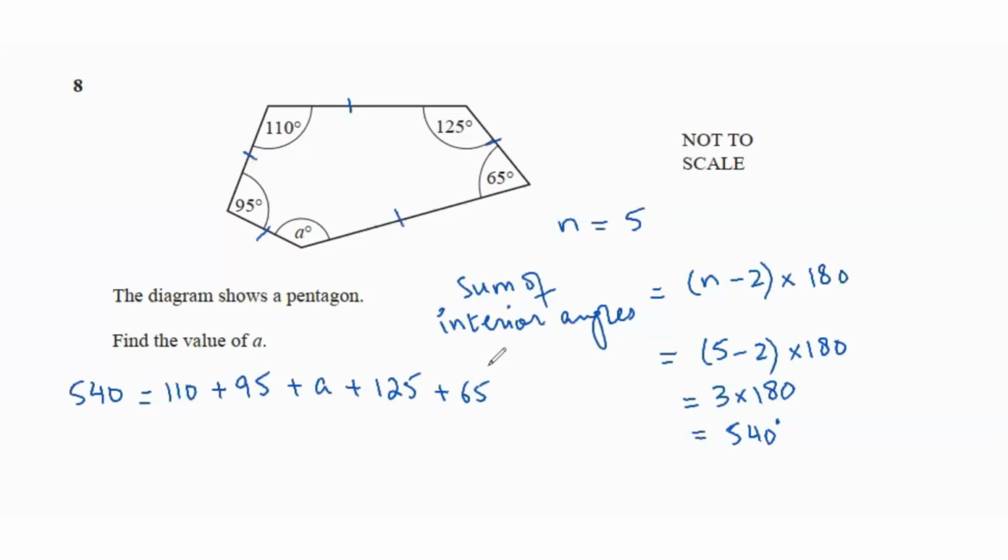All of these angles are the interior angles of this pentagon, and since the sum of interior angles for this pentagon is 540, this sum would equal 540. So if we subtract these from 540 now, that would give you 145 for angle A.